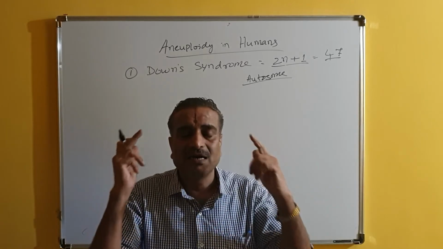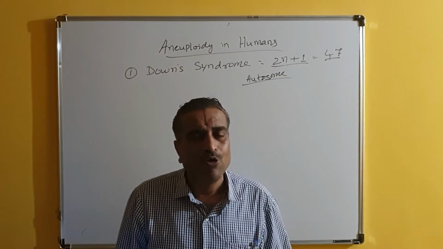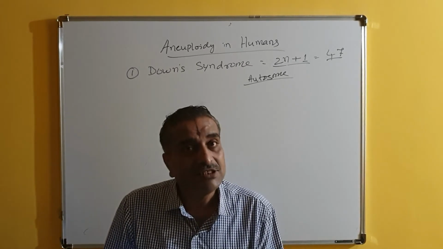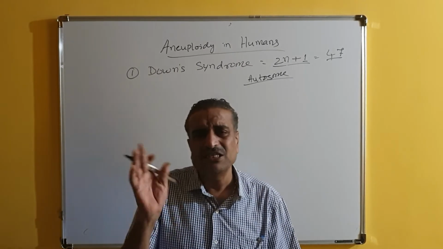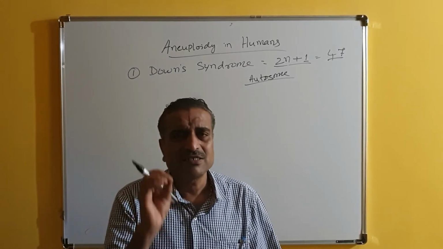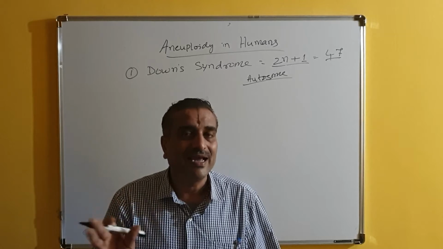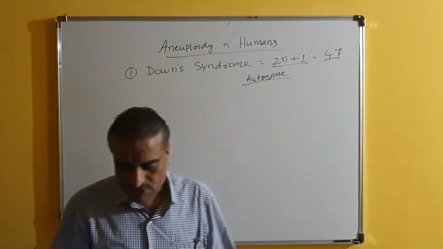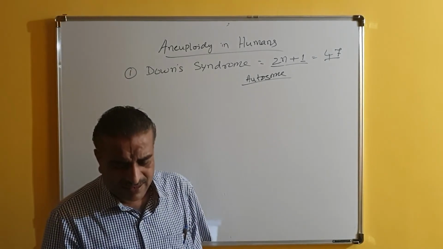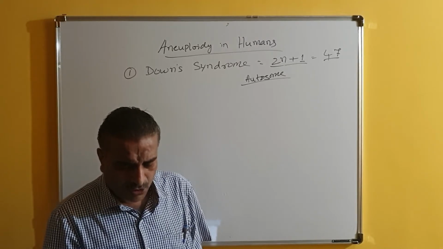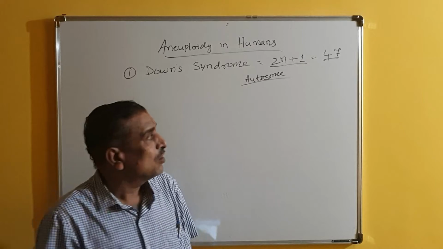Ultimately his IQ is very low and he is very dull and diseased. With all these disorders, this person will not survive for many days. He will die. This is called Down syndrome, and in some other cases it is also called Mongoloid syndrome, or Mongolism.